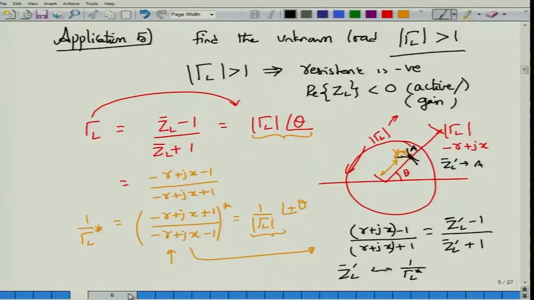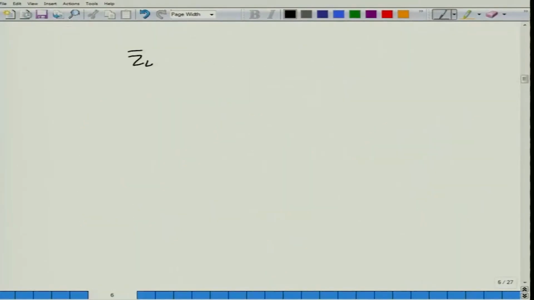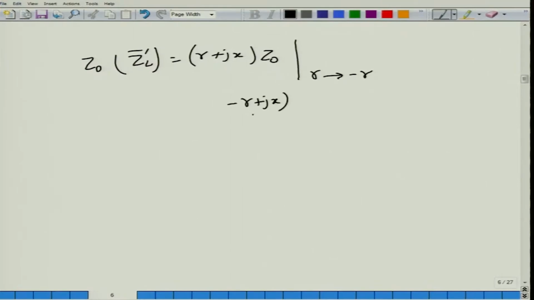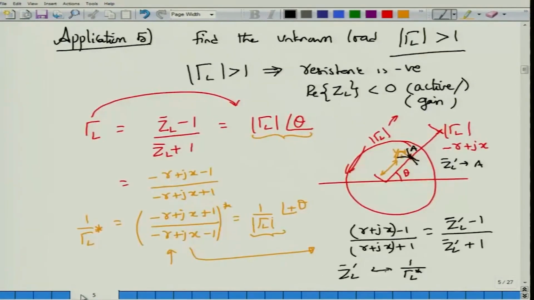So, once you found ZL bar, which will be some R plus jx, if you want you can unnormalize this by multiplying with Z0, okay, and then you simply replace R by minus R here, so that you obtain minus R plus jx into Z0, which is the correct value of the unknown load impedance. So, this is how you can actually use the standard Smith chart in order to find out the unknown load value even when mod gamma L is greater than 1.